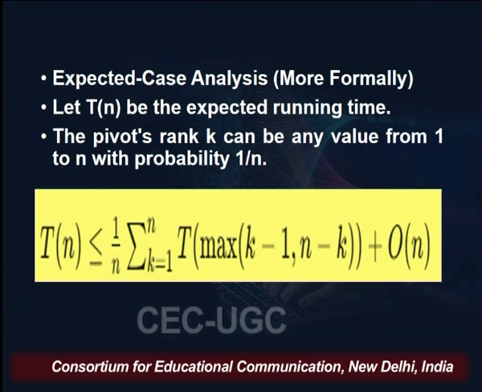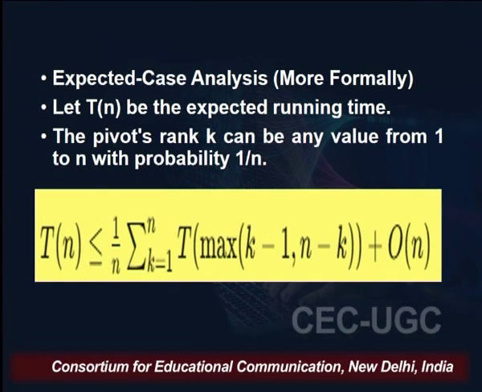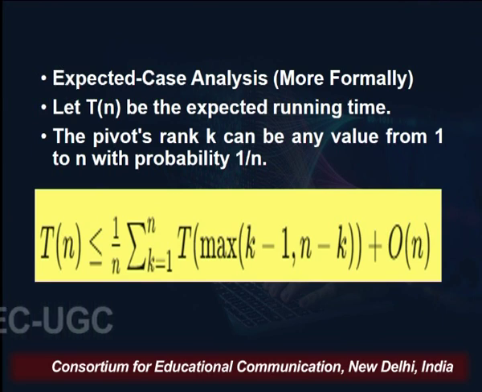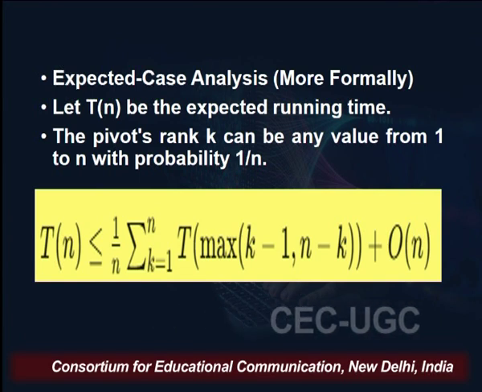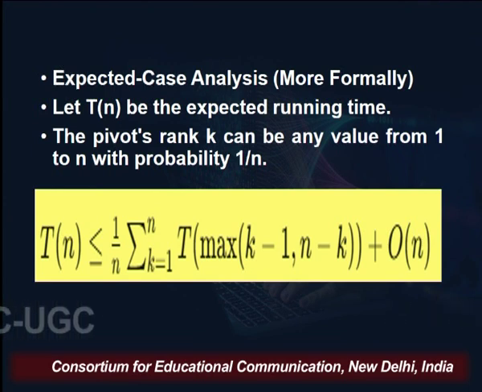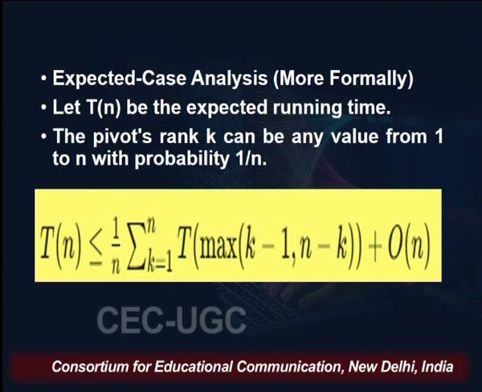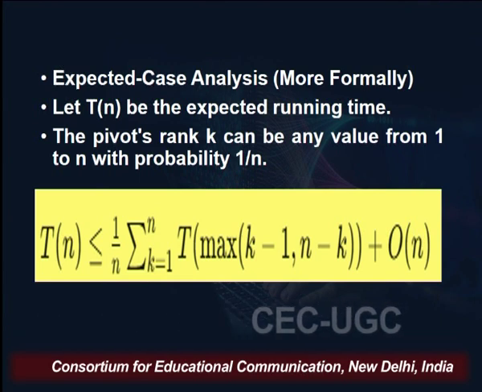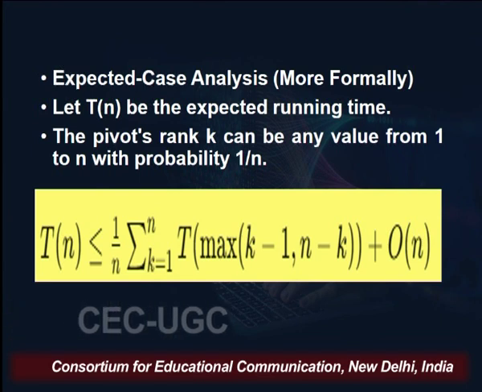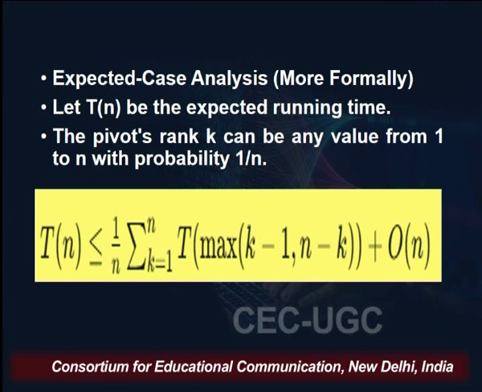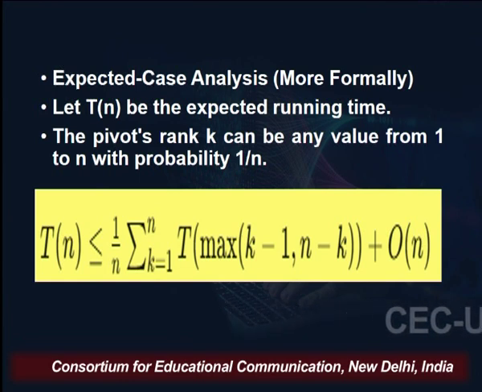Now, this is a trivial statement, that the pivot's rank k can be any value from 1 to n, and each value here has a probability of 1 by n. So, yes, we can say that T(n), which is the expected running time, is less than or equal to 1 by n, which is the probability, summation of k equals 1 to n, T of max(k minus 1, n minus k), plus order of n.